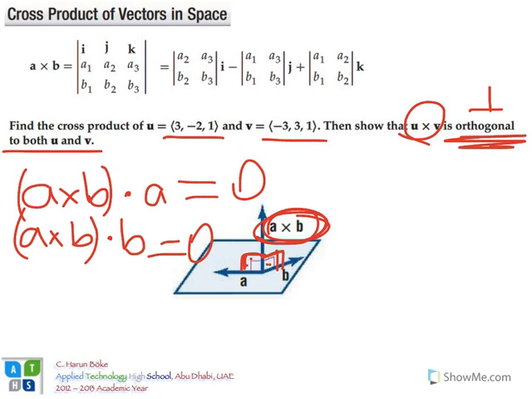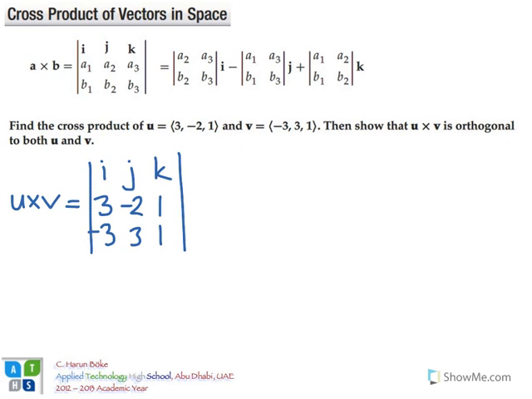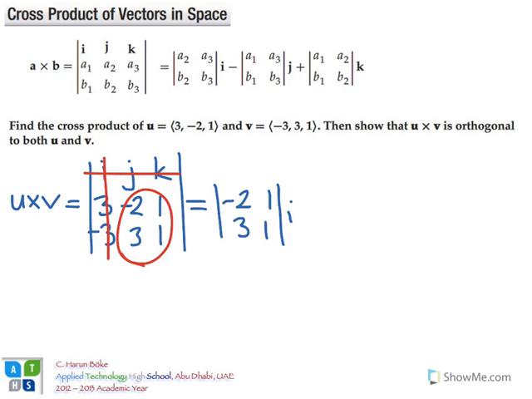So let's see how. First I'll calculate U cross V. U cross V will be this 3 by 3 determinant, which I can write as the 2 by 2 determinant with minus 2, 1, 3, 1 times I. Why can I write it like this? Because I cancel these two, this is the remaining, and this is the intersection.